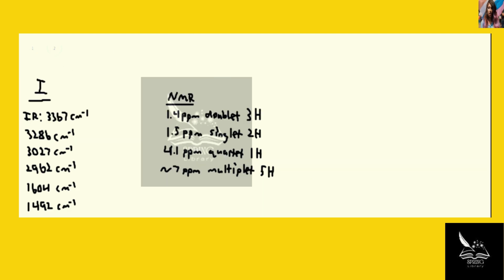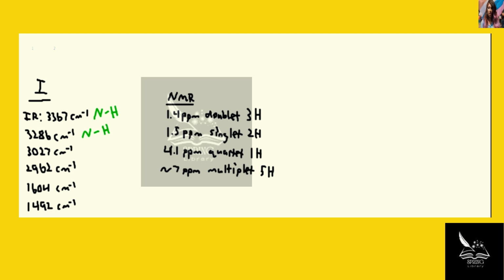So then for I, we're just going to do the exact same thing. So we have the HDI already from the previous page. And again, it's 4. So then looking at these IR signals at 3367, that's an NH. Do this in green as well. So NH. And at 3286, that's an NH as well.